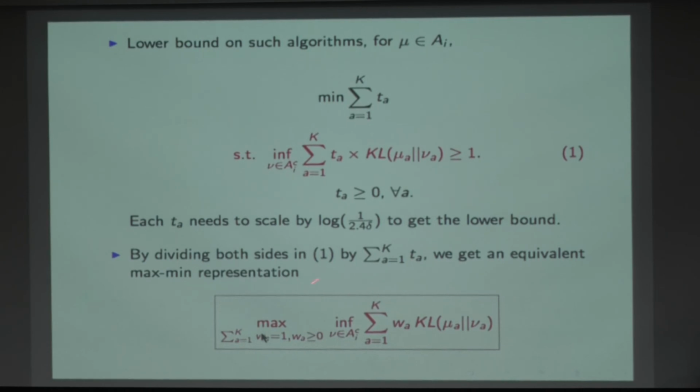Right. So basically this optimization problem can also be written as, you look at the infimum over nu in the alternative set of this summation. Whatever this summation I get, I want to choose my weights so as to maximize this. So it's a max-min problem now.